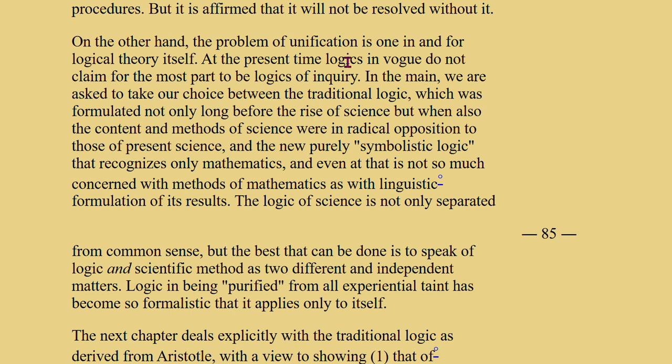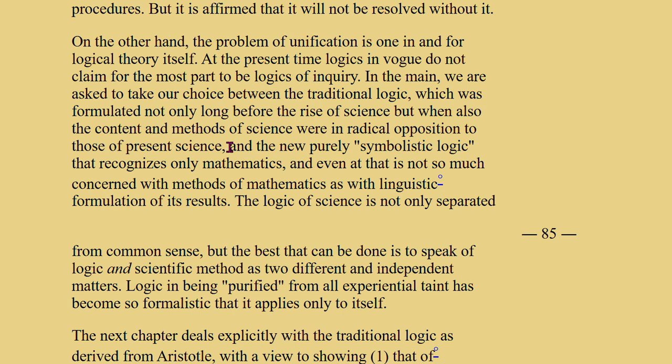At the present time, logics in vogue, popular logics, do not claim for the most part to be logics of inquiry. In the main, we are asked to take our choice between the traditional logic, which was formulated not only long before the rise of science, but when also the content and methods of science were in radical opposition to those of present science. So that's one kind of logic, right?